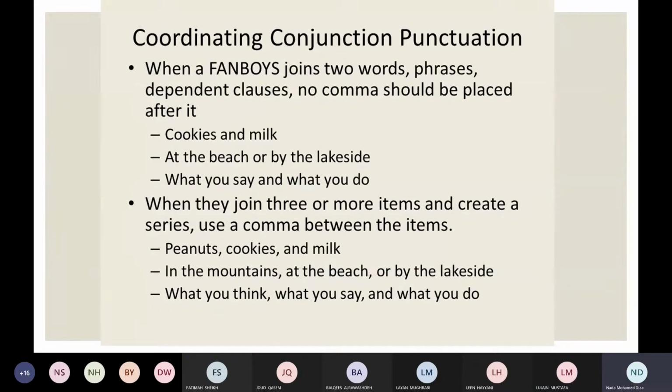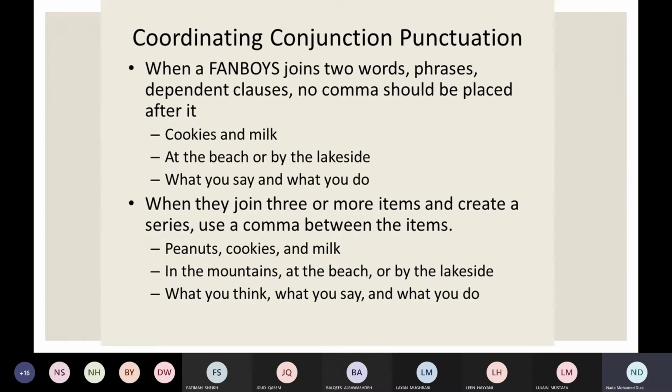Remember coordinating conjunctions, when we use FANBOYS: for, and, nor, but, or, yet, so. Remember when we took this lesson at the beginning of the year, we said I never use a FANBOYS without a comma before it. It joins two words, phrases, or clauses. When a FANBOYS joins independent clauses, I use a comma. But when they are in the middle of words like cookies and milk, I do not add a comma.